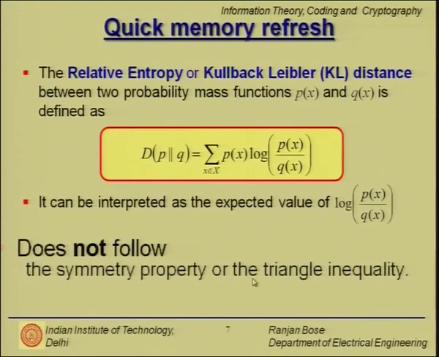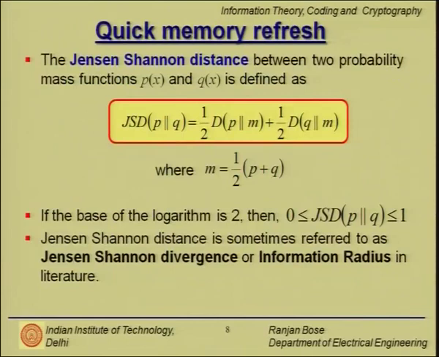We also found out that this relative entropy or the Kullback-Leibler distance does not satisfy the triangle inequality. So, it does not follow two of the three requirements for a distance measure. It is only non-negative. It does not follow the symmetry property or the triangle inequality. To overcome this problem of symmetry, Jensen-Shannon distance was defined.